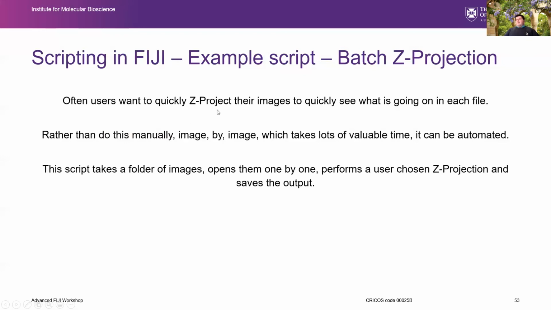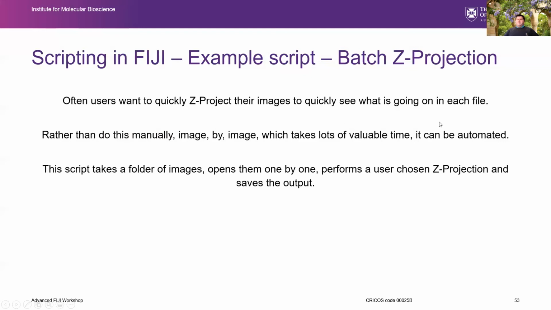So often I found that our researchers were spending lots of time capturing Z-stacks on confocals and wide field microscopes, and they had lots of fields of view and they wanted to find a particular image to then make their figure. Rather than having to go through each file one by one, max projecting it, and then seeing which one was the one they're after, I wrote this script to just quickly perform it on a whole folder of images.